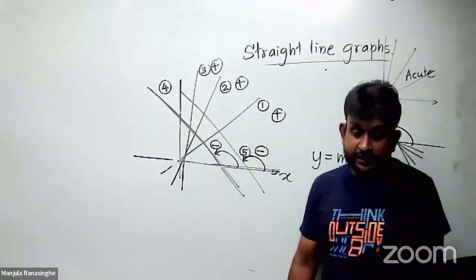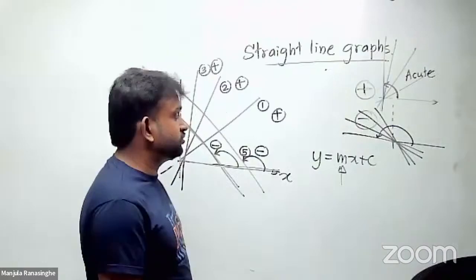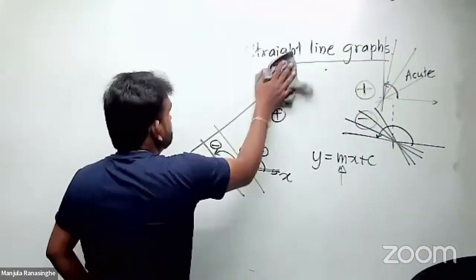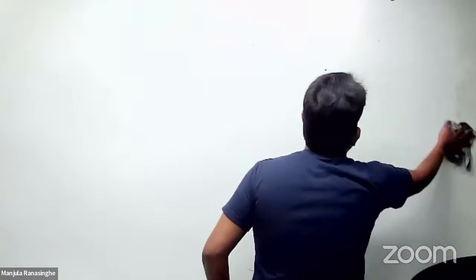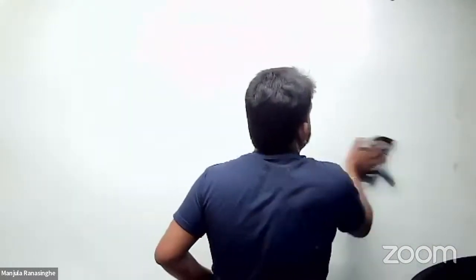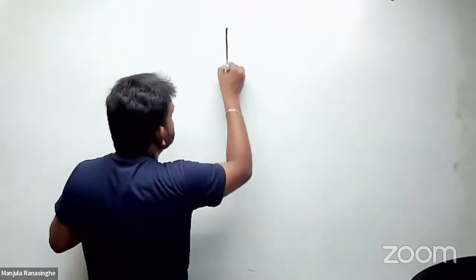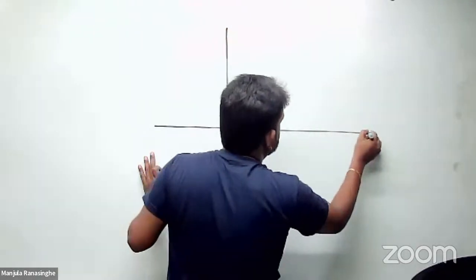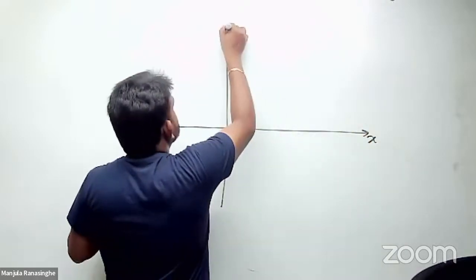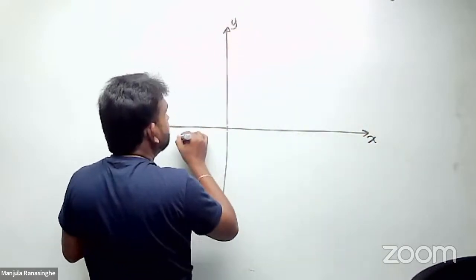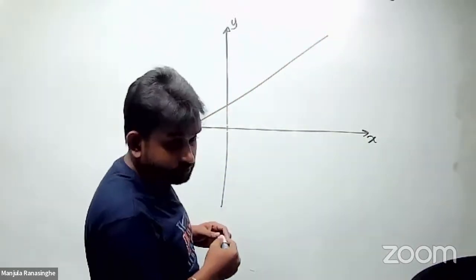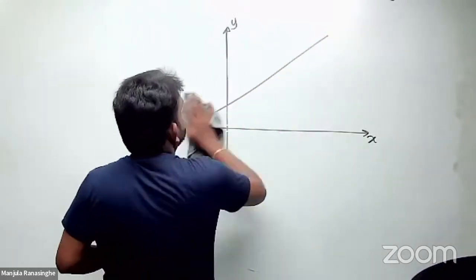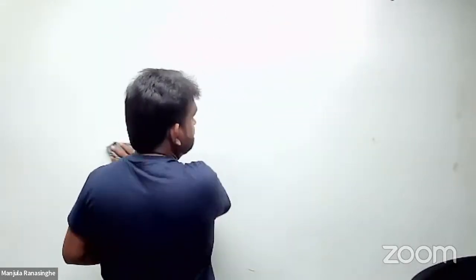You can note it down, what is the shape if it is positive or negative. So now I am going to find the gradient of a straight line as per the definition. See this very carefully. So this is the straight line graph. This is x and this is y. So I have a straight line graph. Let me draw it as a straight line.